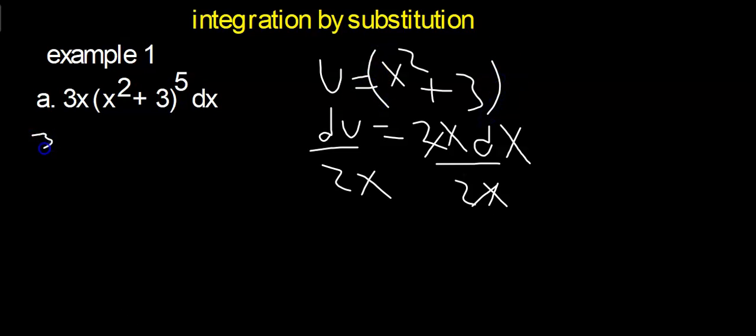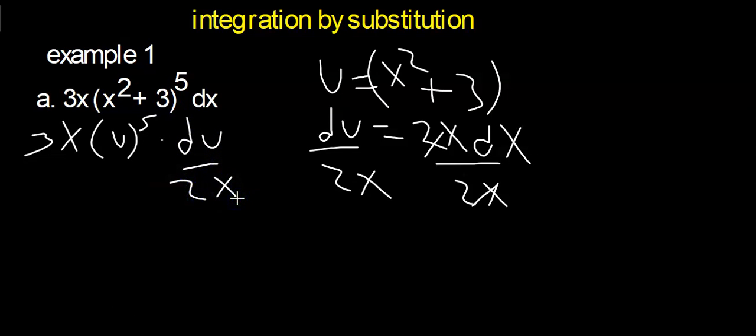I have 3x times u to the power 5, times my dx value, du over 2x. Now I can cancel the two x's and bring the 2 to the front, so it will be 3 over 2 times u to the 5.